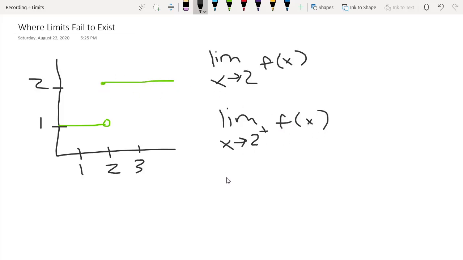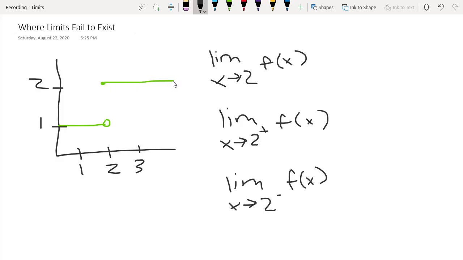And we can take the limit as x approaches 2 minus, so we're talking 2 from the left. So this line is approaching from the left, and for 2 positive, we would be talking about this other line.